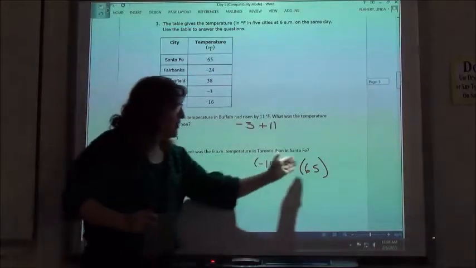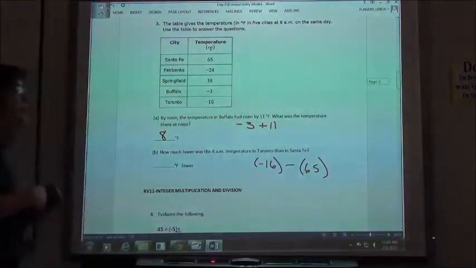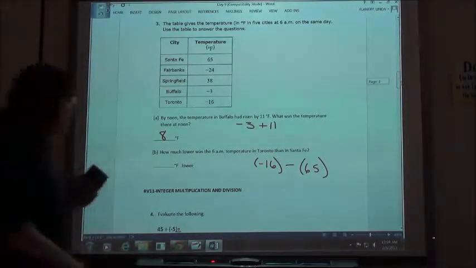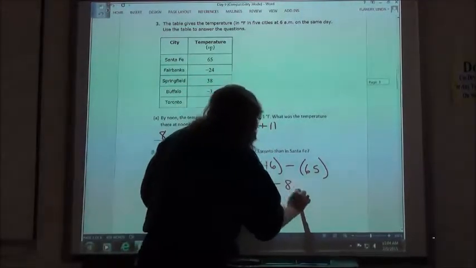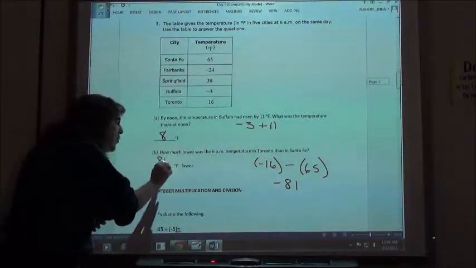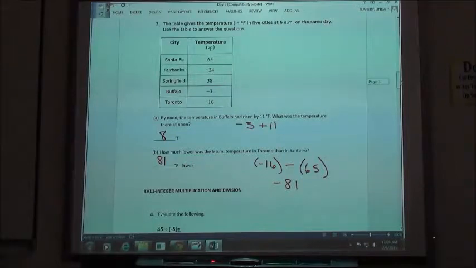Again, both of these have negative signs in front. I end up adding, or if I use my calculator, negative 16 minus 65 gives me negative 81. Now the question wants to know how much lower. It was 81 degrees lower than, not negative 81 degrees lower.